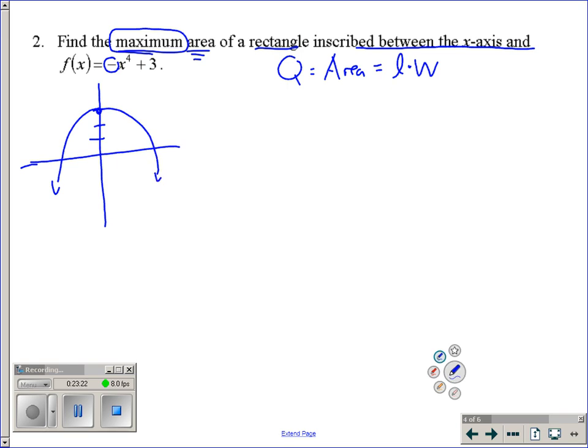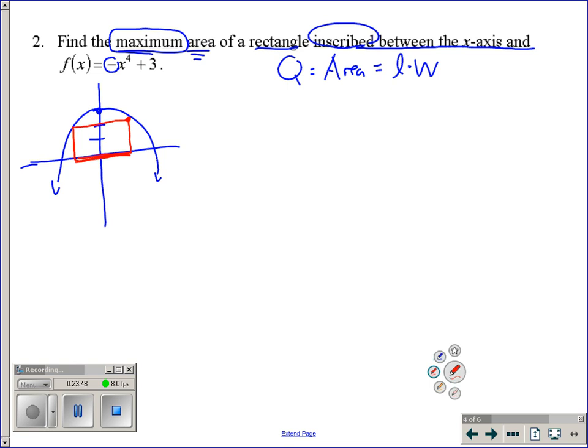And if I'm inscribing a rectangle between that and the x-axis, here is the x-axis, right? It's inscribed by that and a rectangle. So if I draw this rectangle, I'm inscribed by this function, which means I'm not going past the function in any direction. So there's my rectangle.